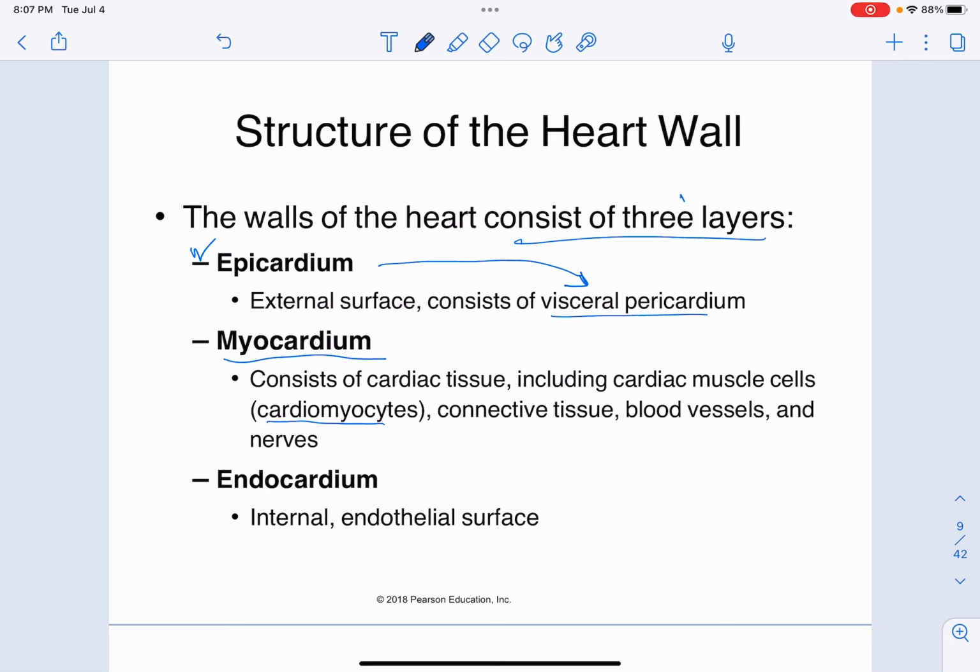Remember, they had those intercalated discs. There was also some connective tissue, and there are going to be blood vessels and nerves in that myocardial layer too. And then the innermost layer is called the endocardium, and that is where the endothelial cells are, facing the inside of the chamber.